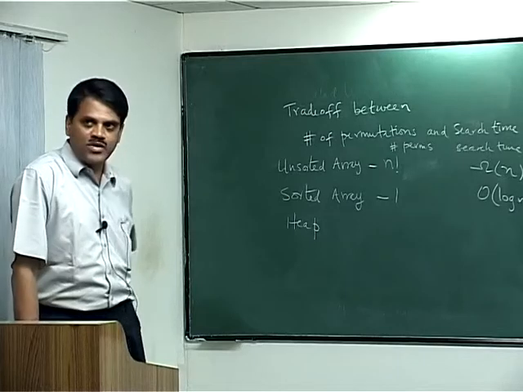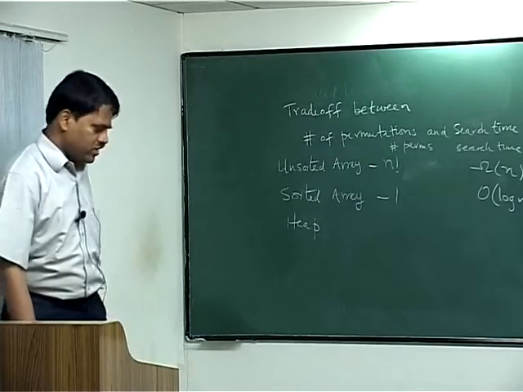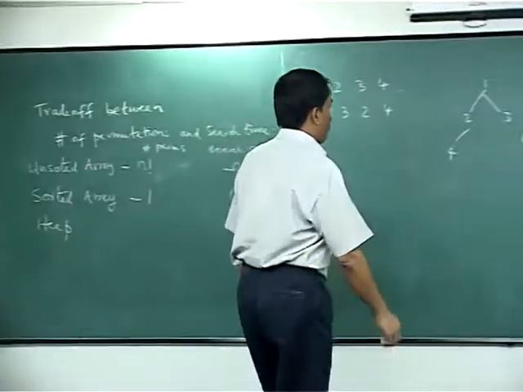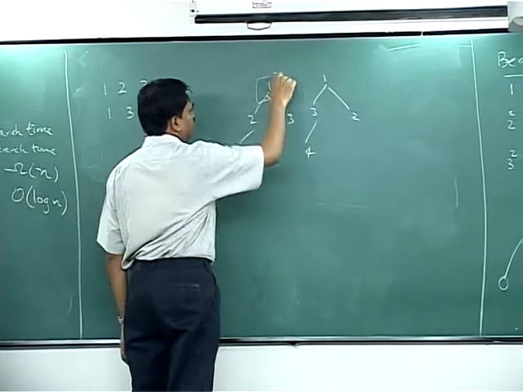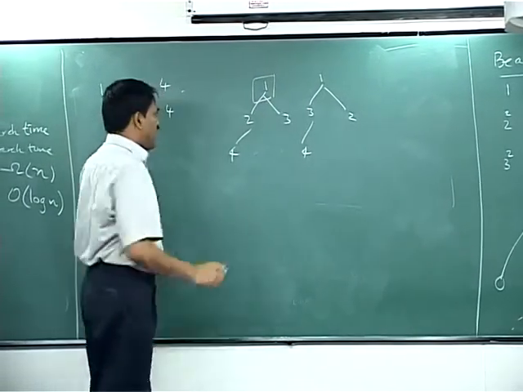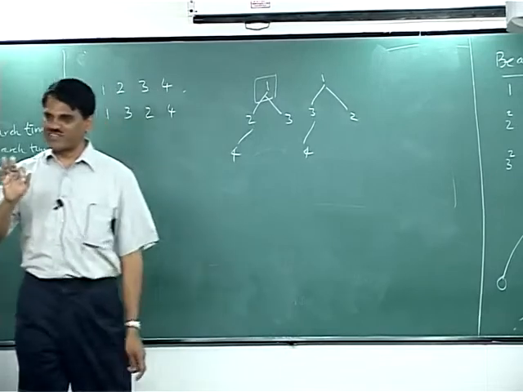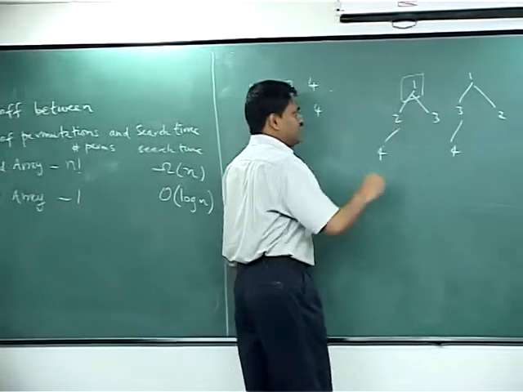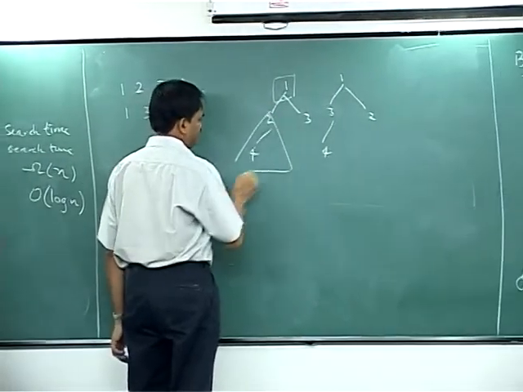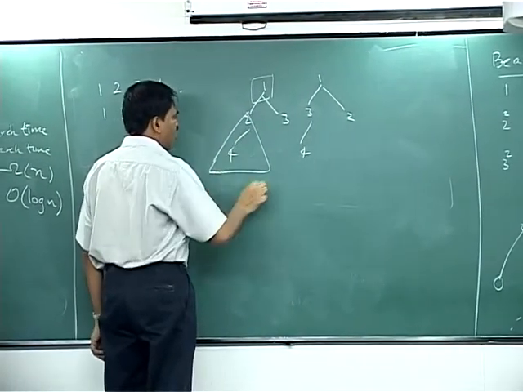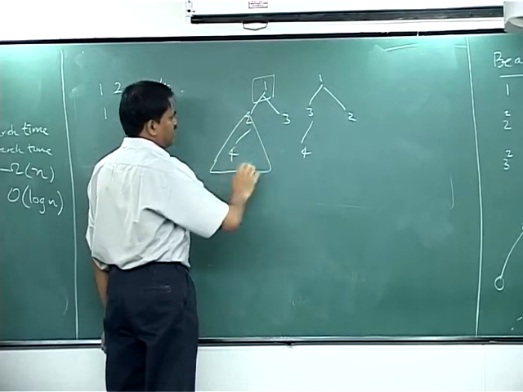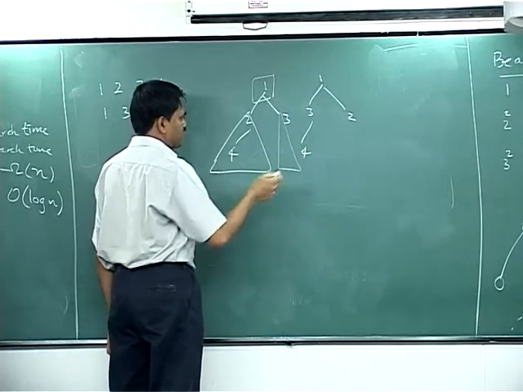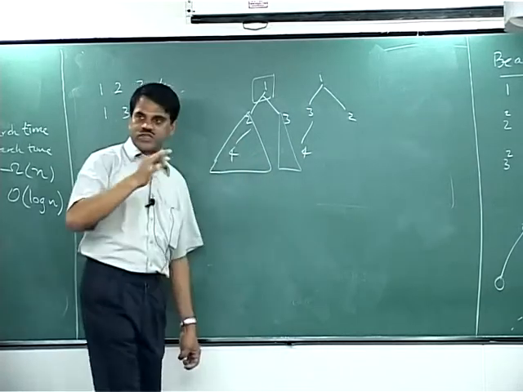If I assume n is a power of 2, so it is a complete binary tree, then I have no choice on the first element, it has to be the smallest. This whole thing is a heap on n by 2 elements, and this is another heap on n by 2 elements, and I have a choice on the second and third smallest.